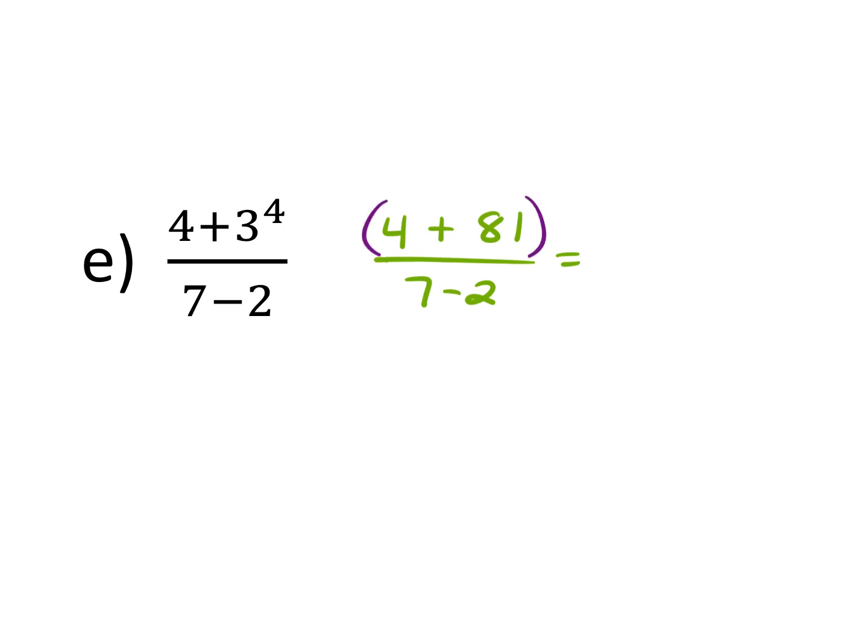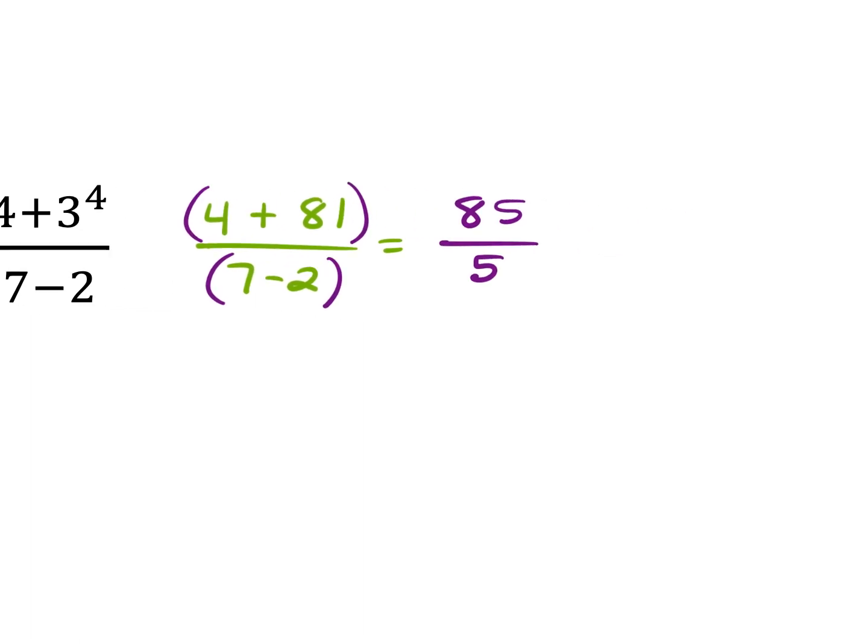We're going to add. We're going to do parentheses on top, parentheses on bottom. So 85 divided by 5. Then plug that into your calculator or do it in your head or do long division. 85 divided by 5 is 17. Good.